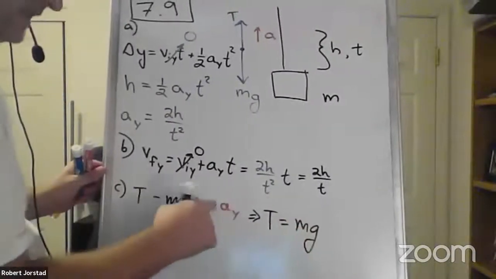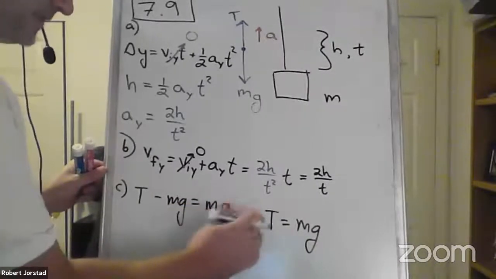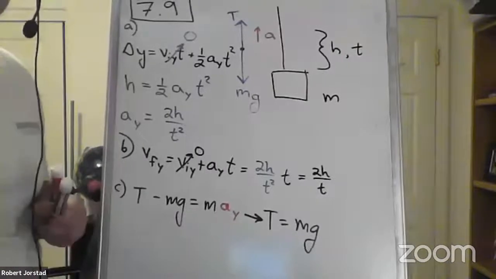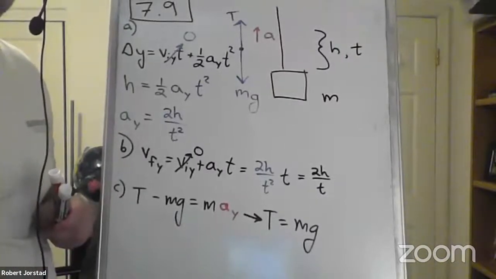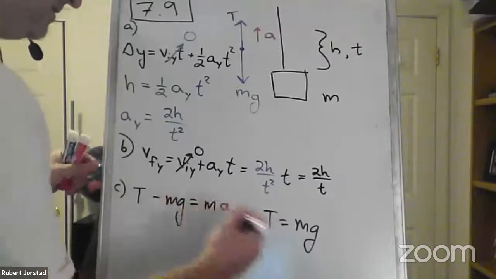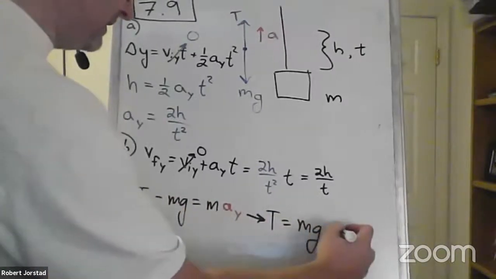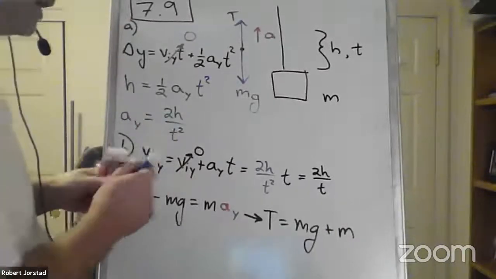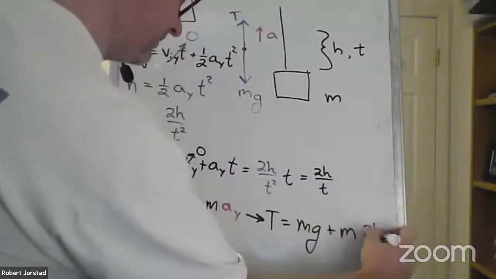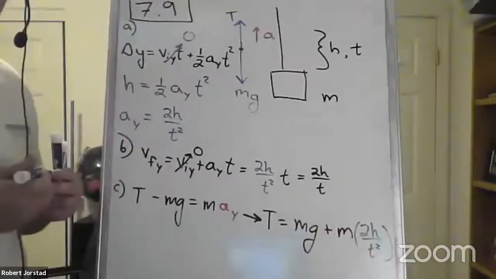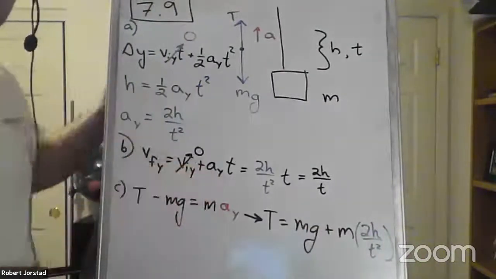I should be careful. This doesn't equal that, right? We could rearrange it to solve for T. Okay, it's mg plus m, and I don't want to screw this up, times 2h over t squared. Obviously, we could rearrange this a bit and make it look prettier, but for now, that's good enough.